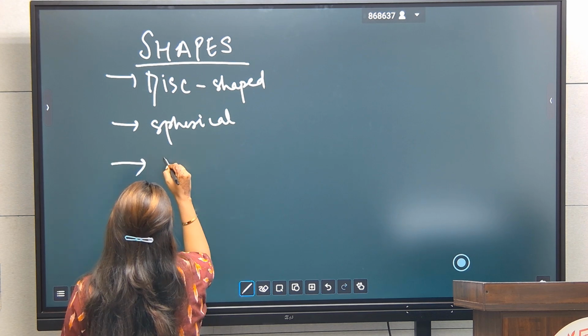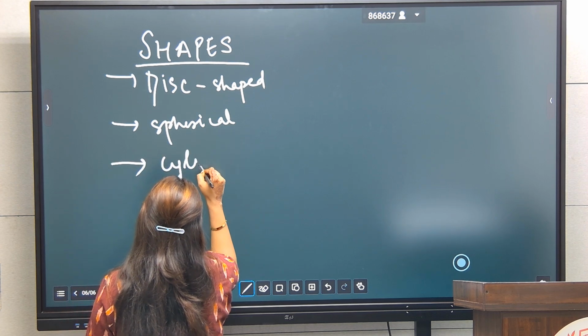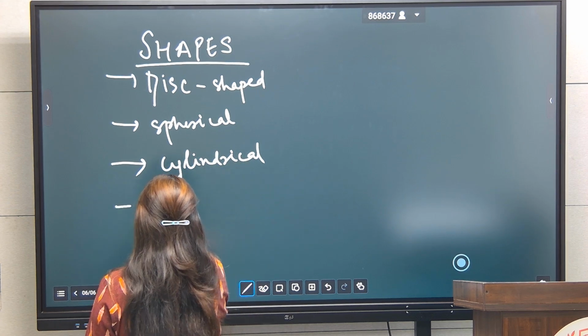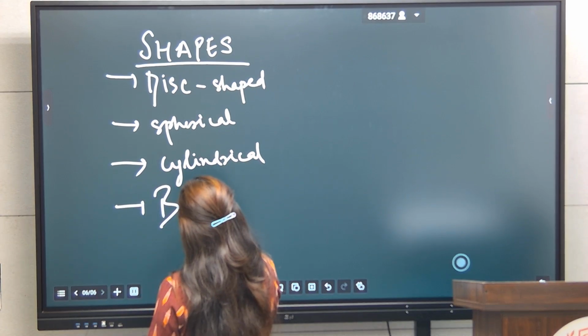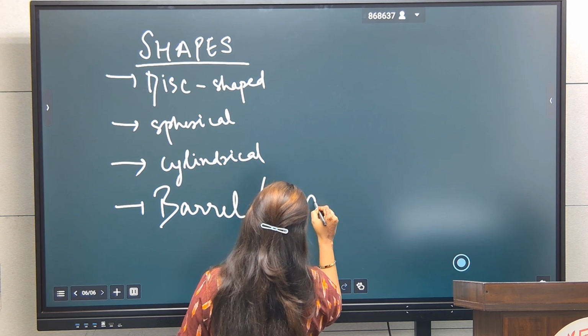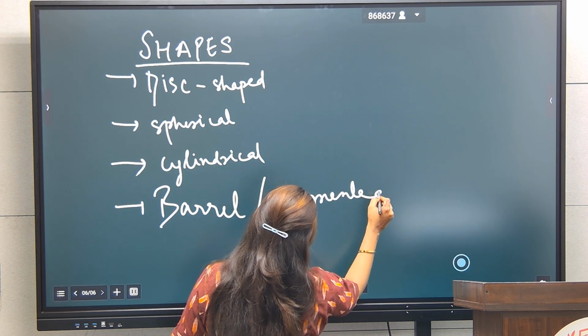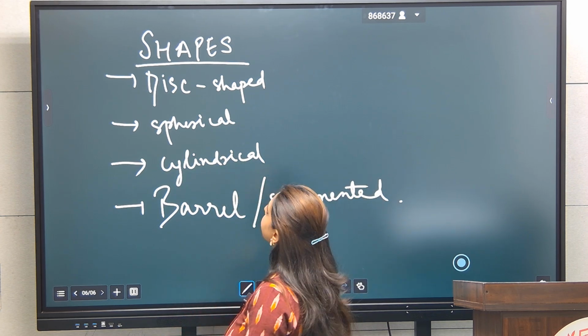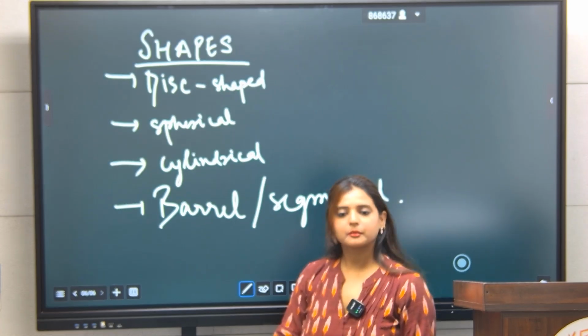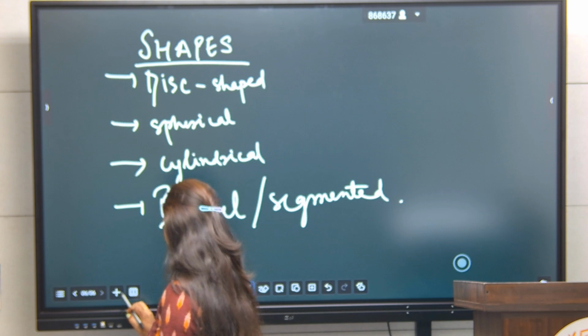Some were cylindrical. Some were barrel shaped or segmented. So these were the shapes of the jars.